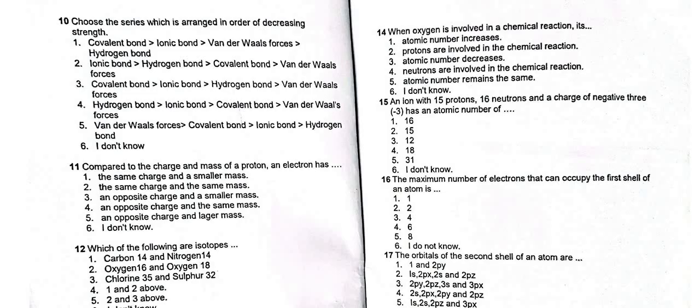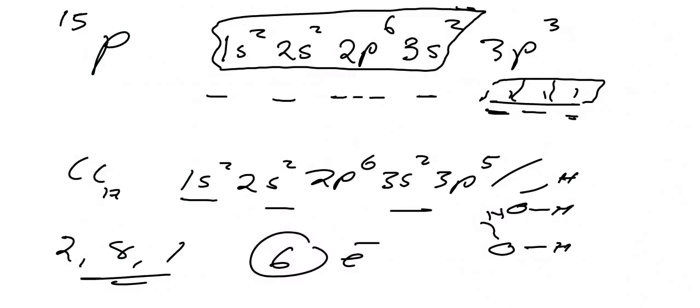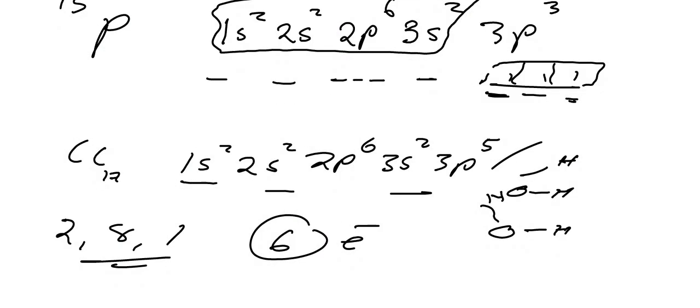In the correct order, the normal order for the bonds here, according to what is in the notes, ionic comes first, followed by covalent. That's the order. Then from covalent, we go to hydrogen bonds.